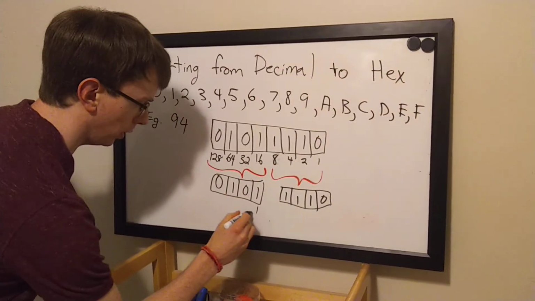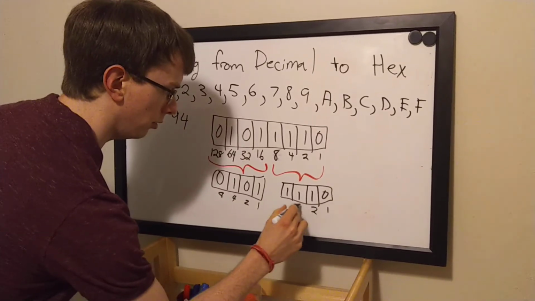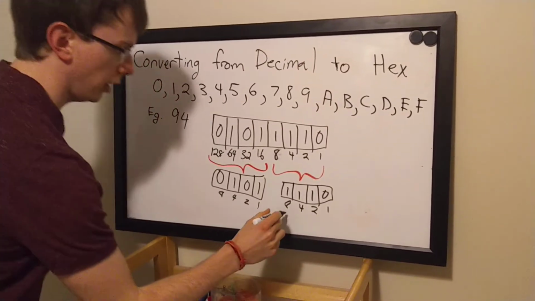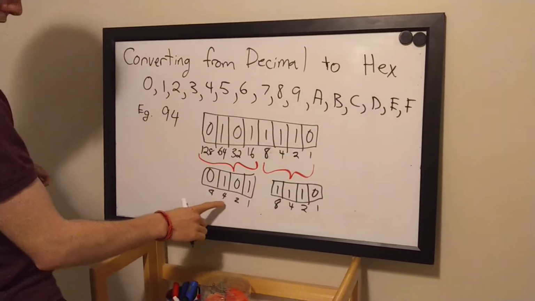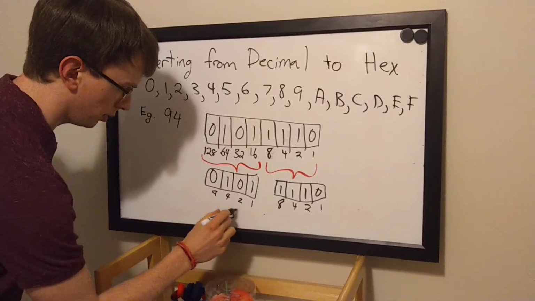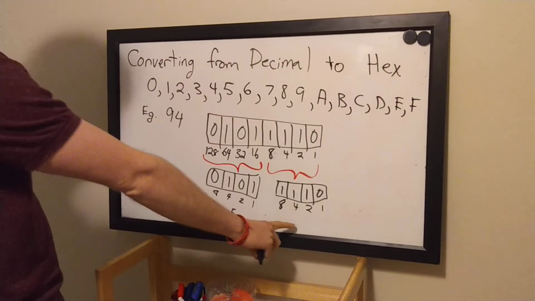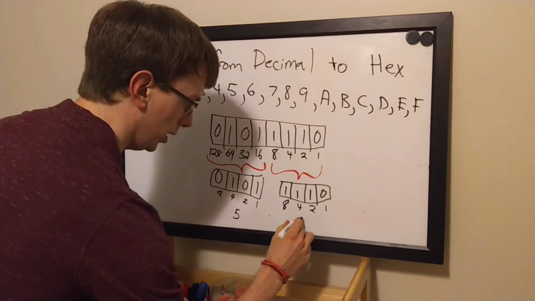So this is 1, 2, 4, 8, and this is also 1, 2, 4, 8. And then like I said, we are going to figure out what number we get. Here, I have 4 and 1, so when I add those together, I get 5. And here I have 8 plus 4 plus 2, so that would be 14.